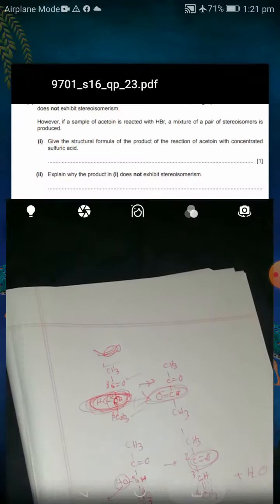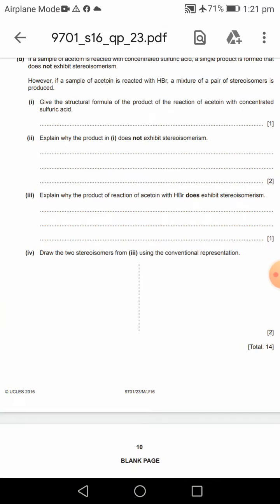Then the chain has got a double bond, so -ene, and the double bond is between 3 and 4, so we take 3-ene, number of carbon atoms 4, so but-3-en-2-one. Okay, that's the name.